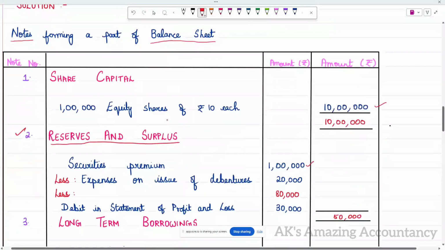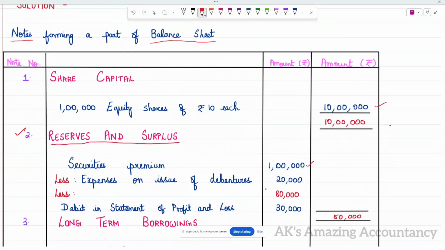Out of 1 lakh securities premium, we'll be deducting the expenses on issue of debentures, that is 20,000. So 1 lakh less 20,000, we'll be having 80,000 now. In case you don't have this item in the problem, we will not be entering this. Since we have this item, we are deducting it from securities premium.